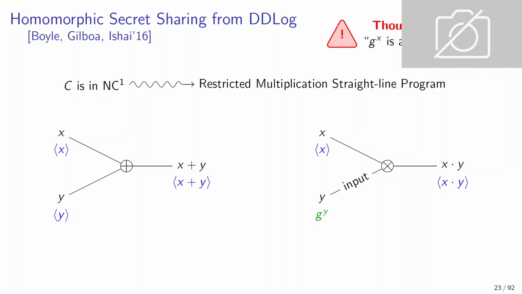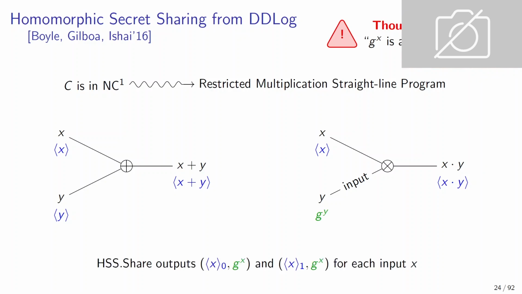I never need something like g to the z, where z is some intermediary value of the system that I don't know. I don't need that because it's an RMS program. Concretely, the way the secret sharing scheme works is that I'll give you shares of your inputs and encryptions of your inputs, and that allows you to compute shares of the output of your circuit.